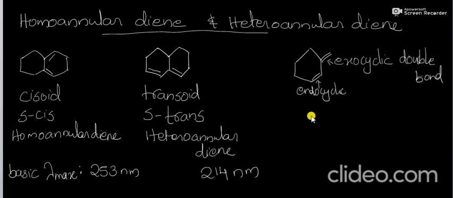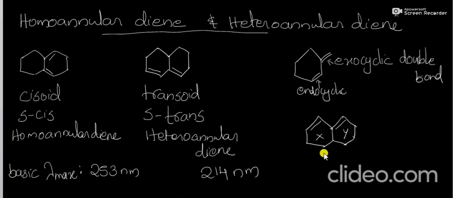An endocyclic double bond has both carbons as part of the ring, while an exocyclic double bond has only one carbon as part of the particular ring under consideration. In other words, a carbon-carbon double bond inside a ring is endocyclic, while one that projects directly outside a ring is called an exocyclic double bond.